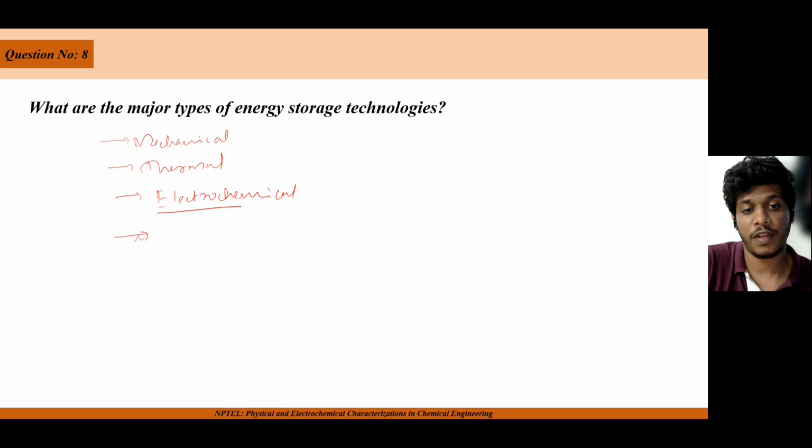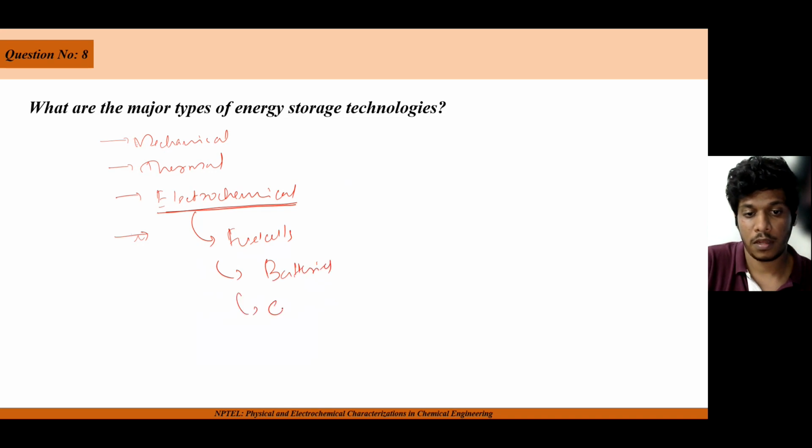The major one that we discuss here is the electrochemical energy storage technologies, which mainly include fuel cells, batteries, and capacitors.